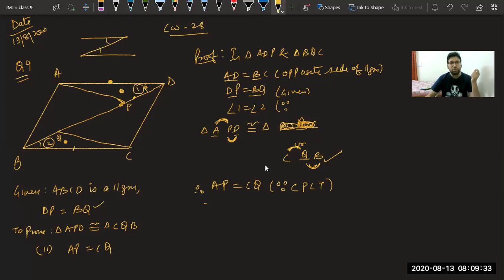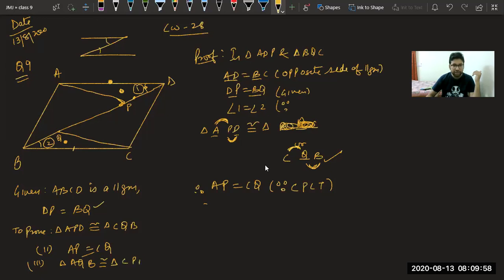So this tells you that every part that you do can help you in the next part. Okay. That is why it is always advisable to go part by part, first part, second part, third part, and so on. So now see the third part. In the third part we have to prove triangle AQB congruent to triangle CPD.